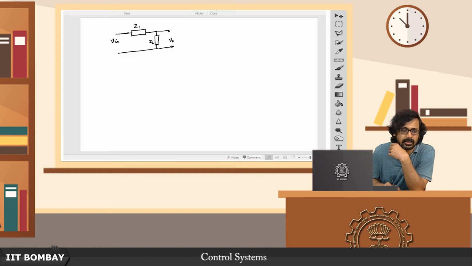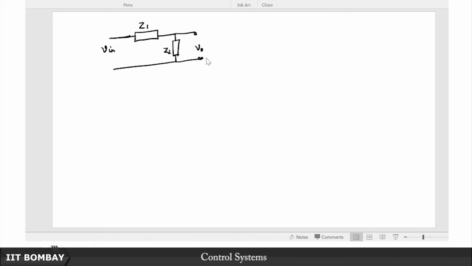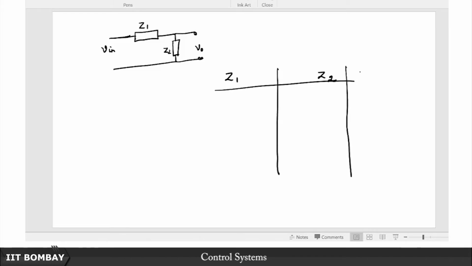Just like we said that this is the prototype for the active circuit, this is the prototype for the passive circuit. And now again we are just going to show you the structure of this Z1 and Z2, and from there you can immediately see the connection and the similarities between the two, right. And then we will say what type of compensator it is.